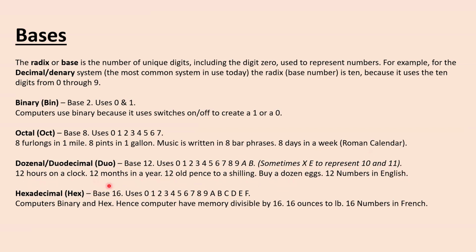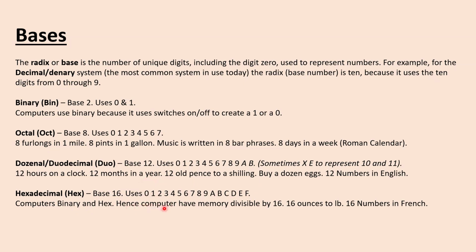Hexadecimal, base 16, uses 0, 1, 2, 3, 4, 5, 6, 7, 8, 9, and then the letters A, B, C, D, E, F. So computers use hexadecimal as well as binary. Okay. Not quite sure how they do that. I think it's a combination of switches so they can use fewer switches to get instructions into the computer quicker.